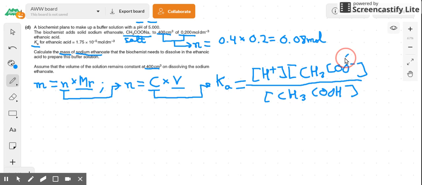We want to calculate the concentration of the conjugate base, and they give us the pH, which is 5. That means that the concentration of protons equals 10 to the power of minus pH, so that's 10 to the minus 5 mole per dm cube.